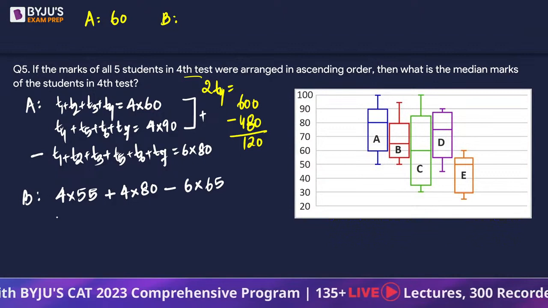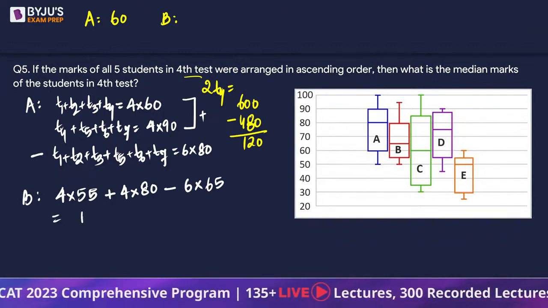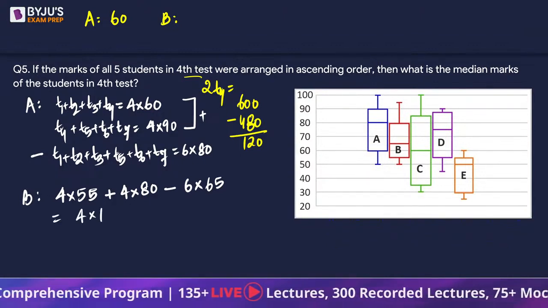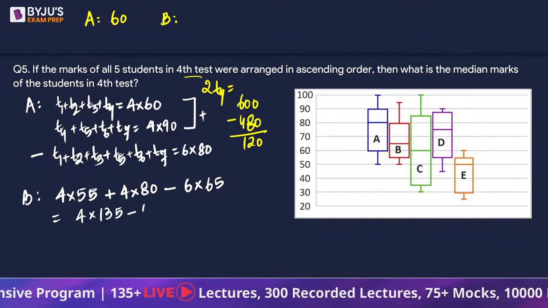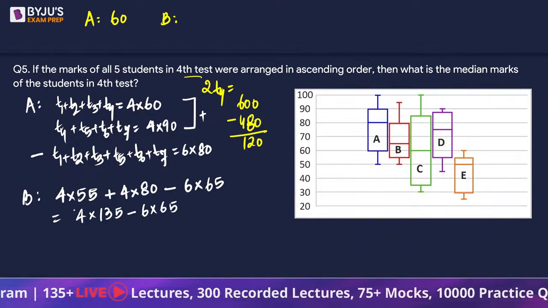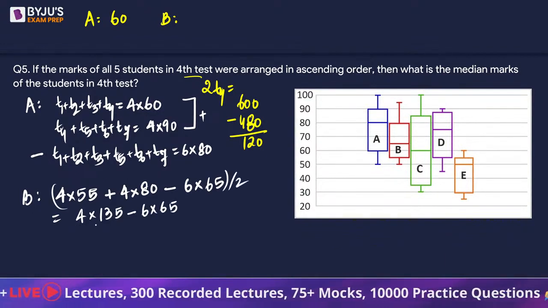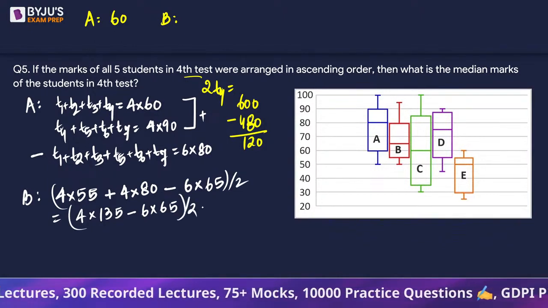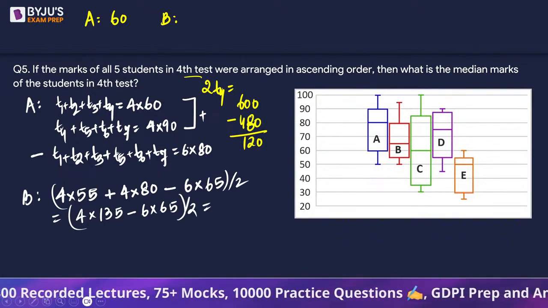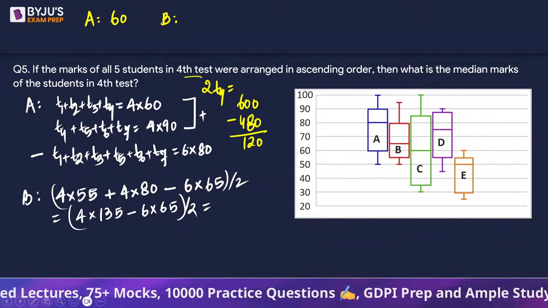So this is going to give us 4 into 135 minus 6 into 65. And let's not forget to half it, reason being ke wo 2 times T4 or 4th test ka marks dega B ka.